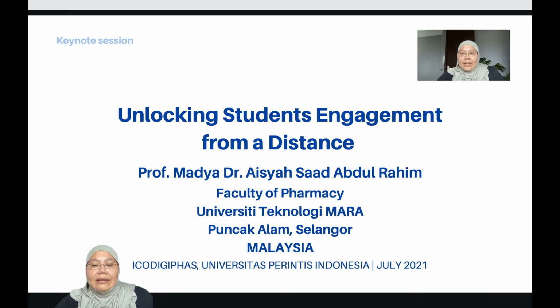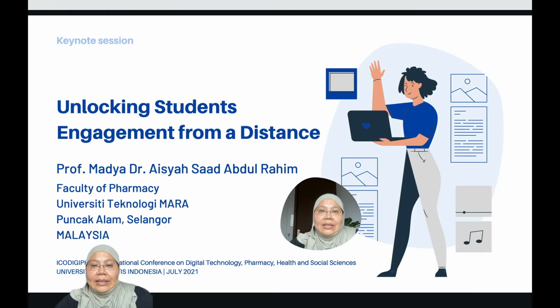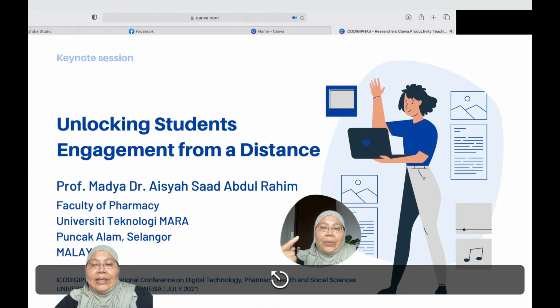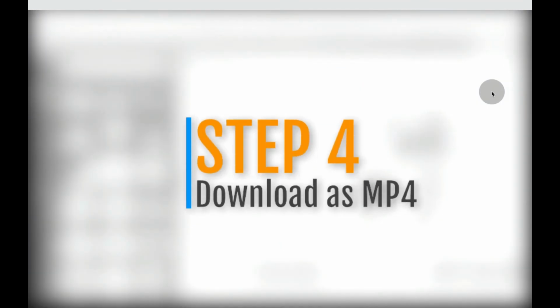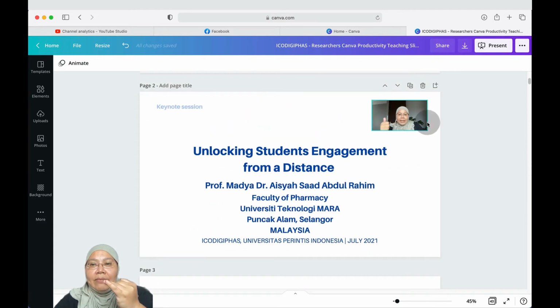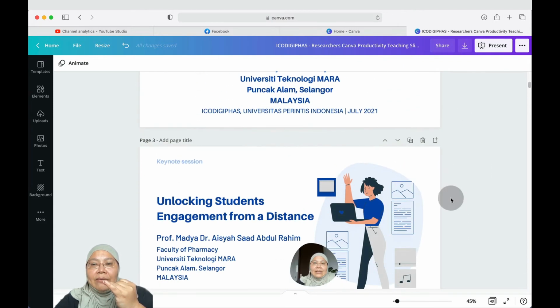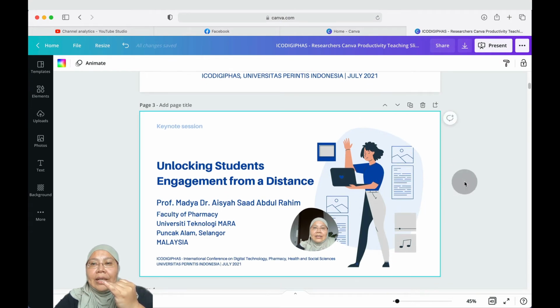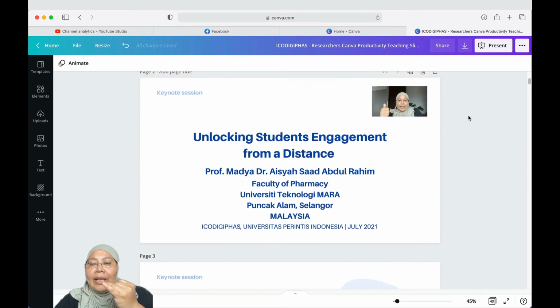Here I have only one point on the slide. Okay, cool. Right, so the next step is to download the slides with the intro video of UiTM MOOC, with the teaching slides that have your recording in them, as an MP4.